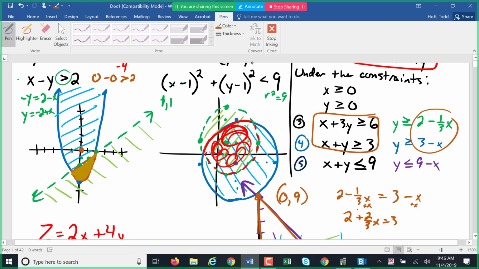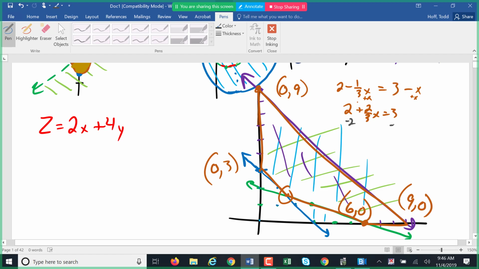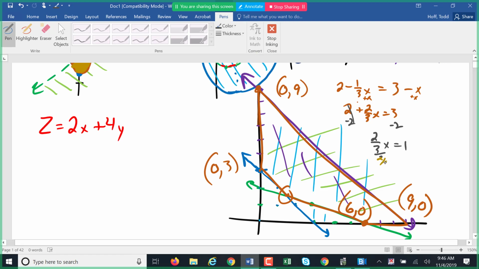Subtract 2 from both sides. I get 2/3 x equals 1, and then I'll divide by the 2/3. So x equals 1.5, 3/2.